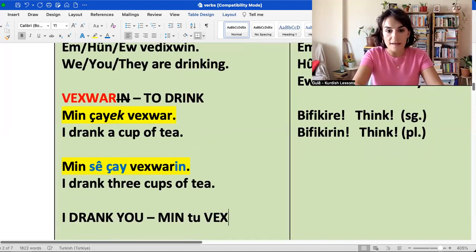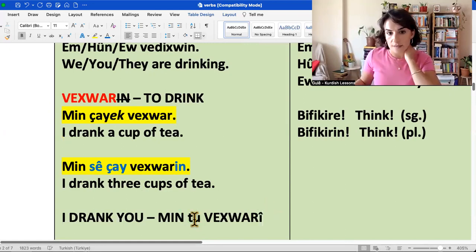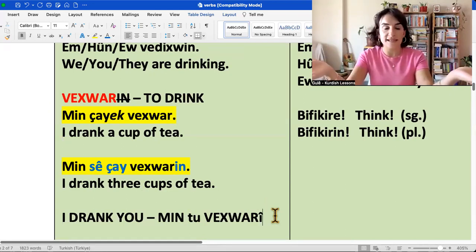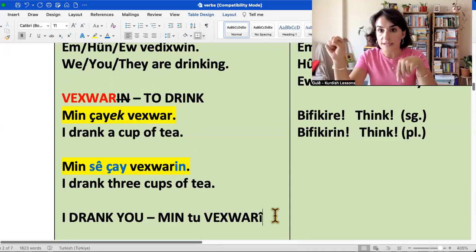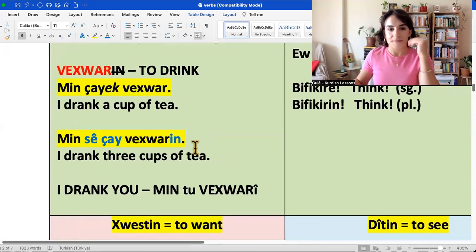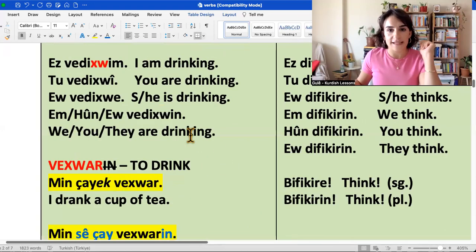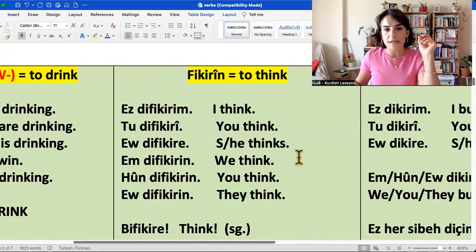But we have to conjugate the verb for the object, so you have to add e, because in present tense you say tu vedkhi. So e is the ending for second person, right? So min tu vahwari. Okay, this is our first verb.